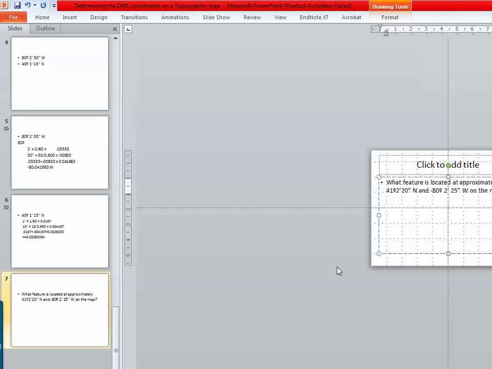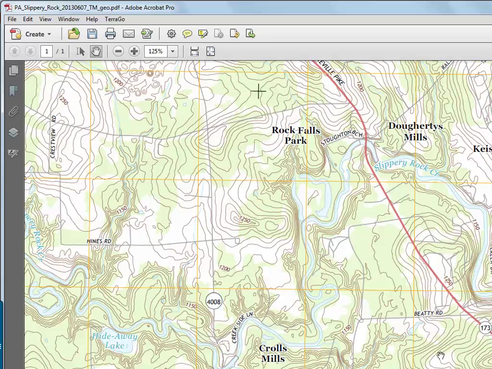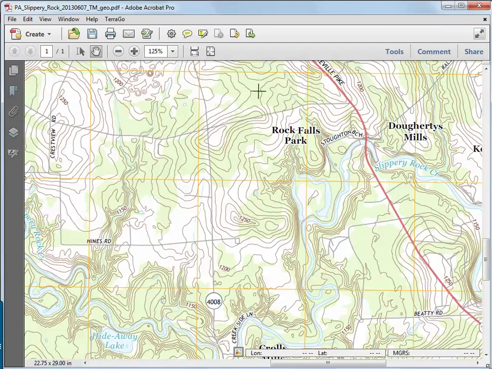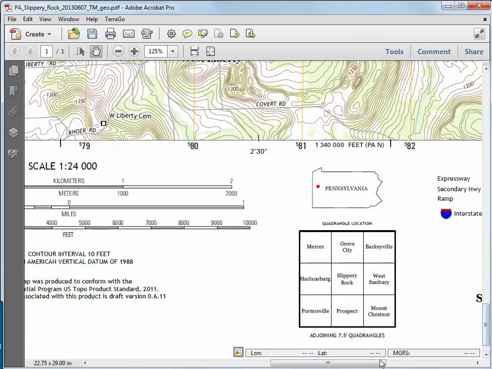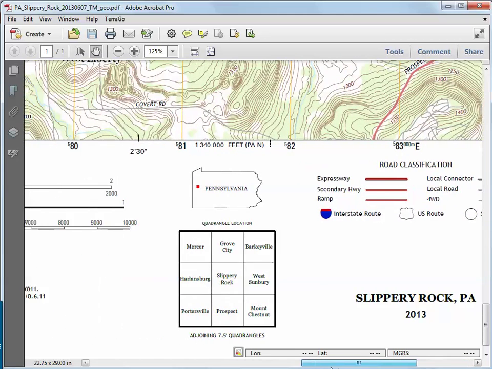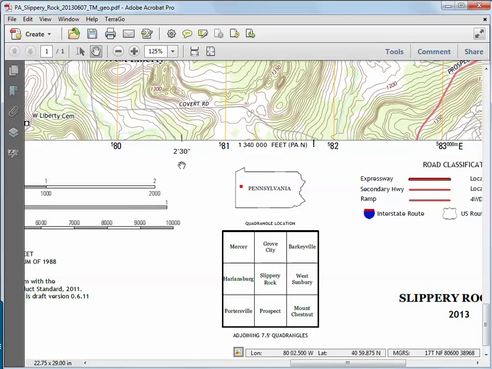All right, I'm going to pull up our map now, and we'll put our map in the area that we need it to be in. And we're going to see that, okay, if we start at our corner again, 80 and 41, and the first thing I'm going to do is move to the west, and we said 80 degrees 2 minutes 25 seconds, so that's slightly inside this mark.